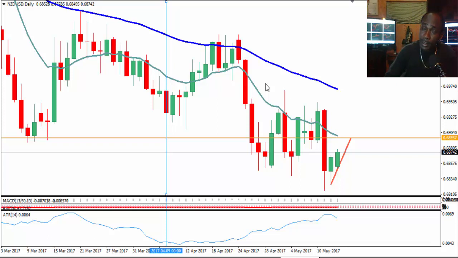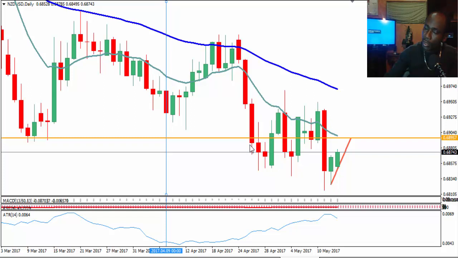So the ATR is possibly the reason why, because you might not be paying attention to the ATR. Now, the ATR says that you can get 64 pips on an average daily bar from point A to point B, from high to low.